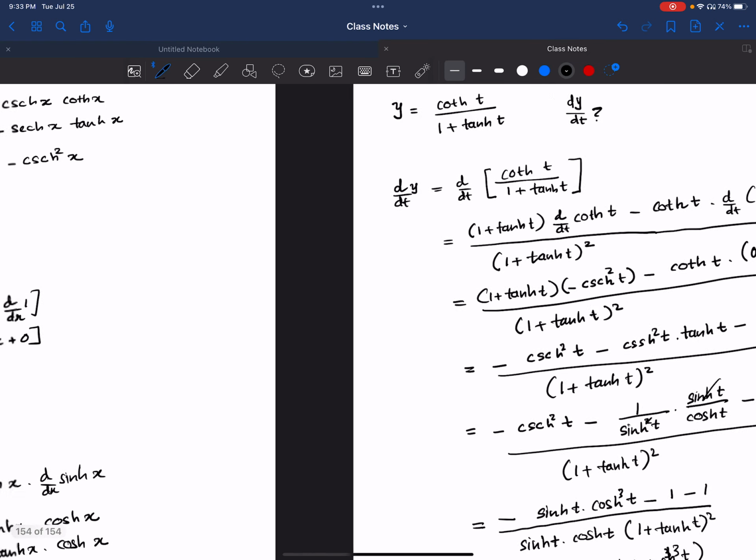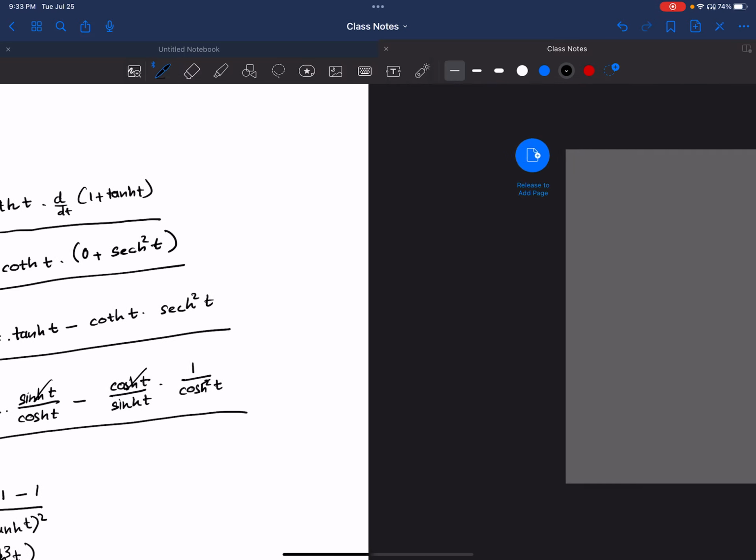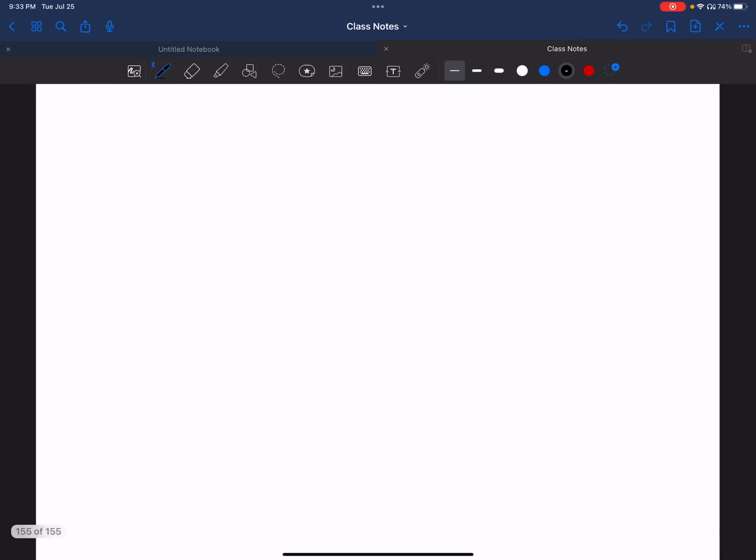Okay, that's how you solve problems using the derivatives of hyperbolic functions. And let's look at how to solve problems using inverse hyperbolic functions.